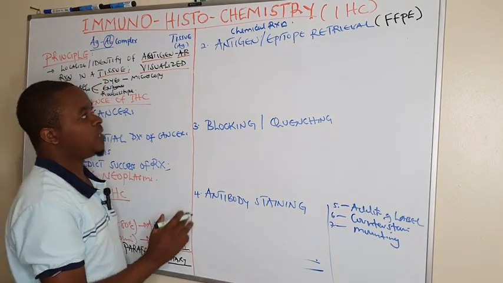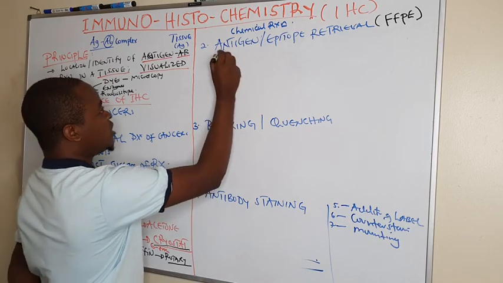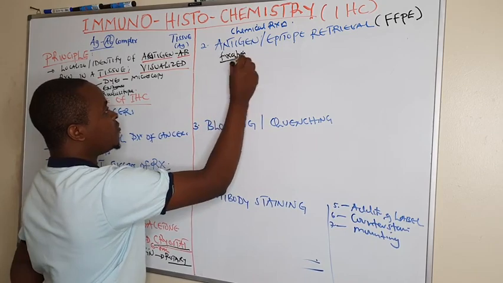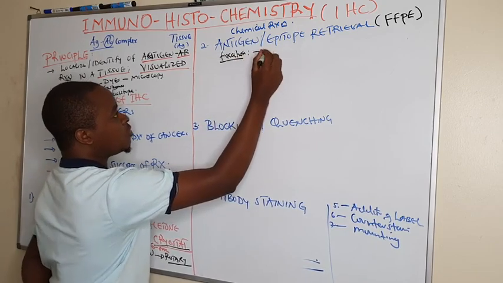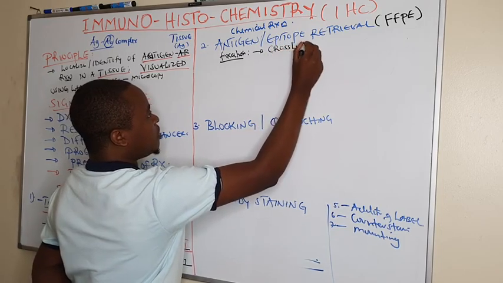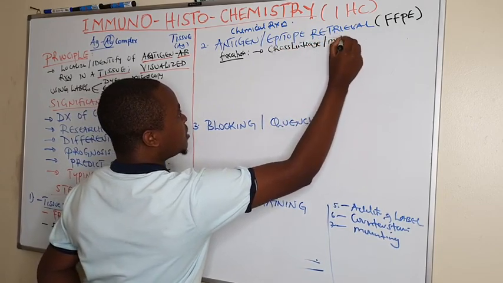What is the principle behind antigen or epitope retrieval? It is that during fixation, formalin leads to cross linkage and formation of methylene bridges.